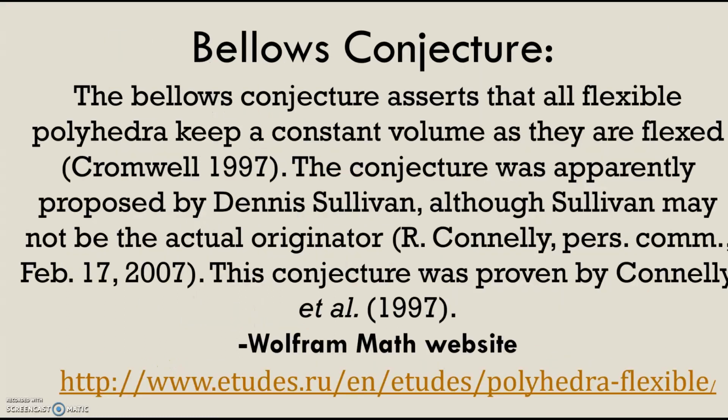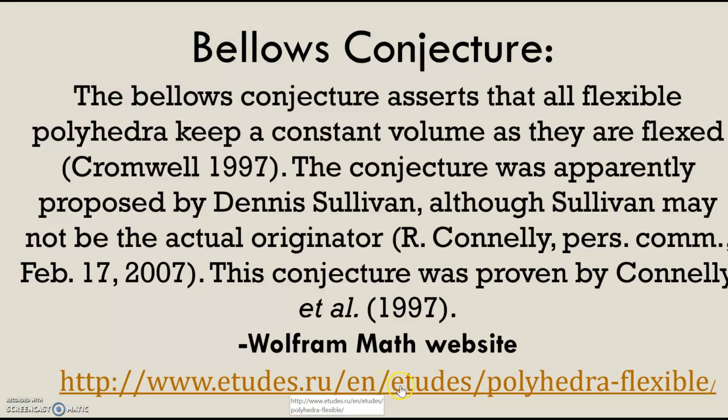So the bellows conjecture says that all flexible polyhedra keep a constant volume as they are flexed. So this was proven in 1997, so again it's another kind of new idea.